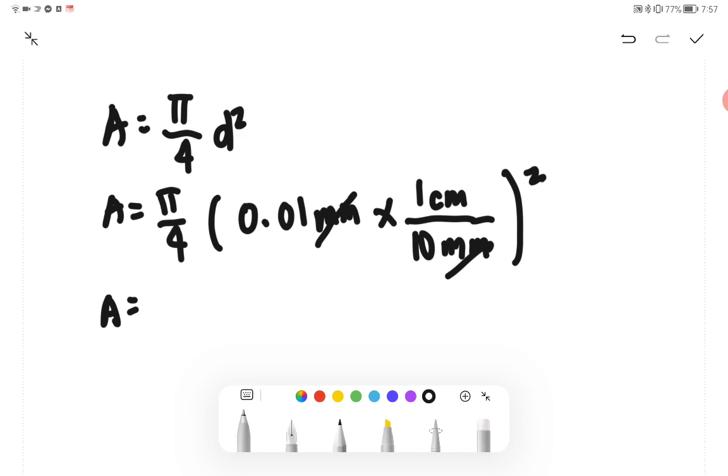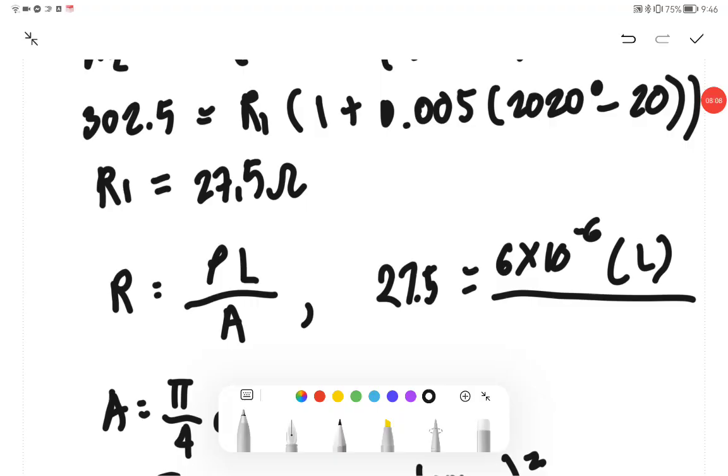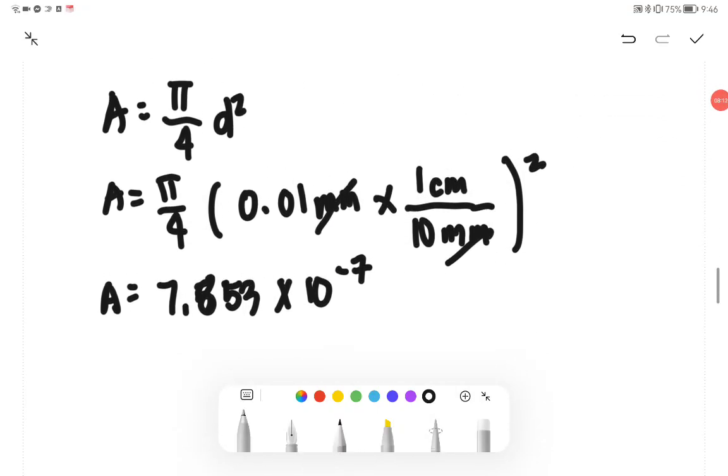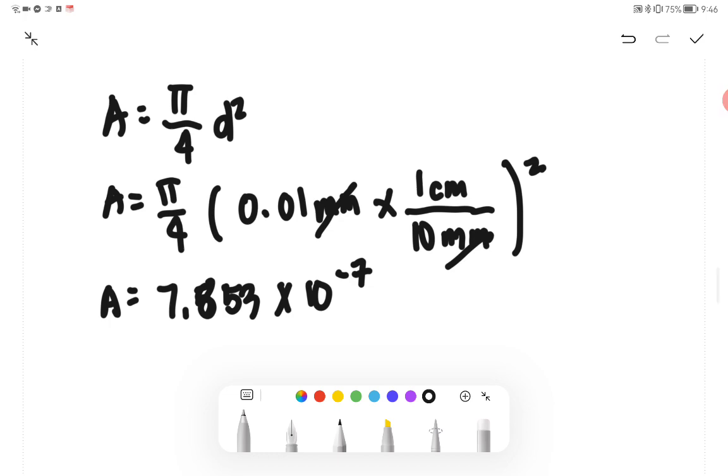So we will obtain the value of 7.853 times 10 raised to negative 7. And so we got the value of A, which is 7.853 times 10 raised to negative 7 centimeters squared.